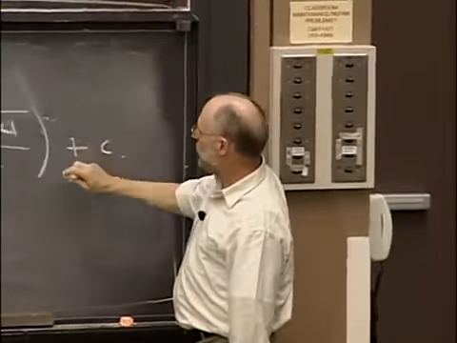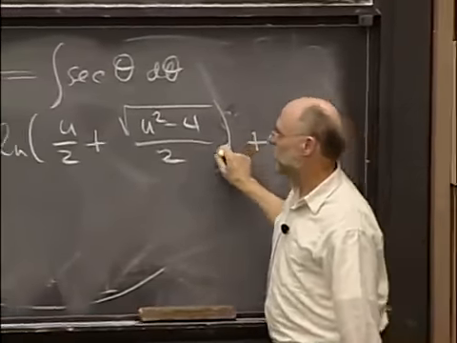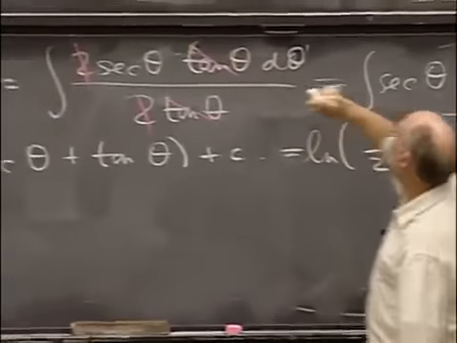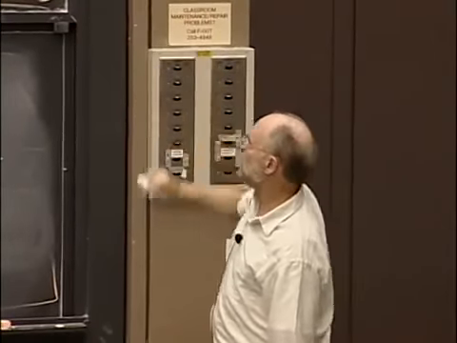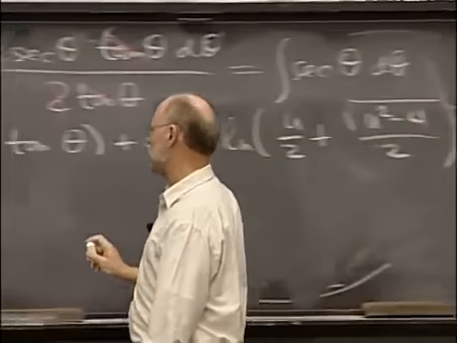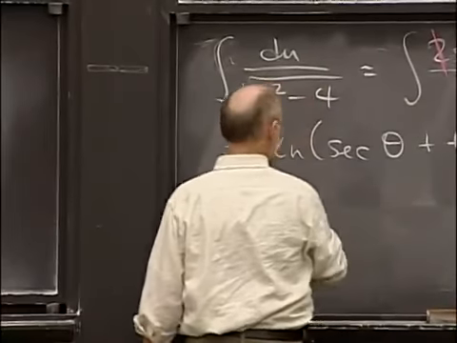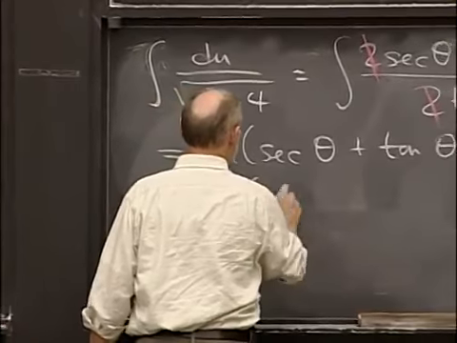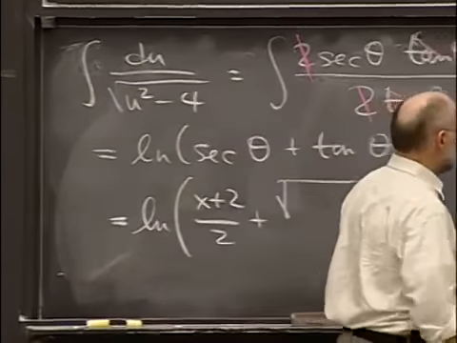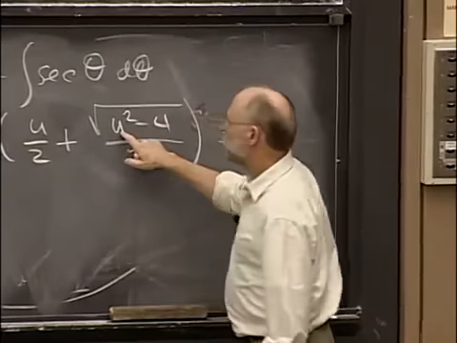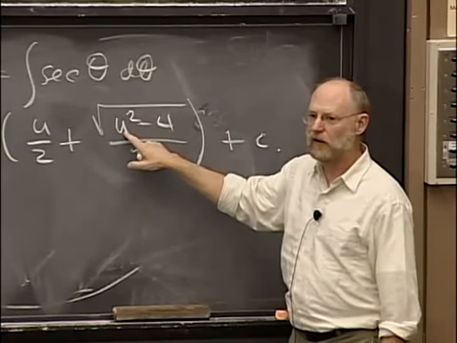I'm not quite done yet because my answer involves u, and what I wanted originally was x. But this direct substitution that I started with is real easy to deal with. I can just put x plus 2 every time I see a u. And so this is the natural logarithm of x plus 2 over 2 plus the square root. What's going to happen when I put x plus 2 in place for u here?